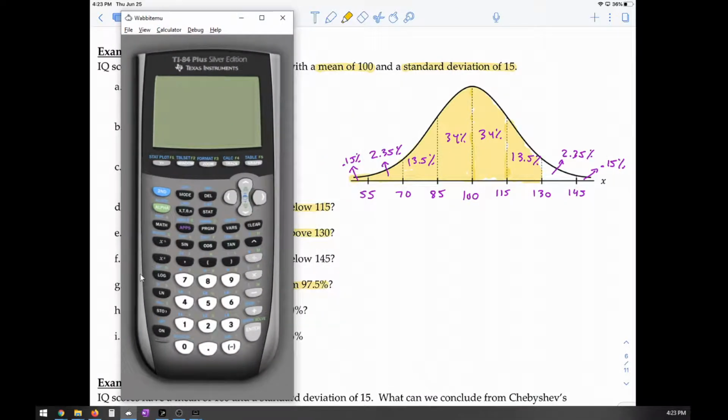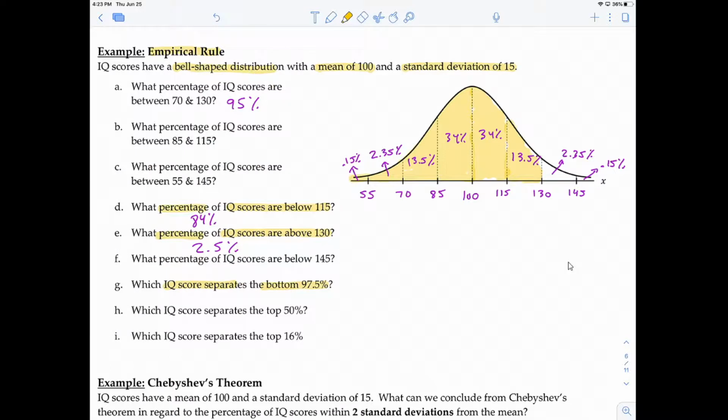We get 84 plus 13.5. And there it is. That gives us the 97.5% we're looking at. And the IQ score that separates the bottom 97.5% of the population is 130. So the answer here would be 130.